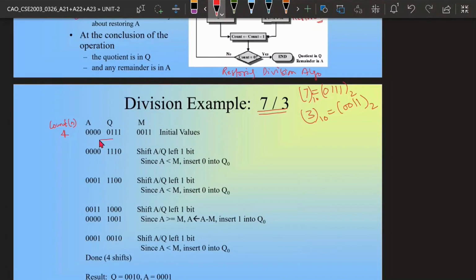Left means like that, so this bit will come here, similarly this bit will come out to here, and this last bit we will decide based on the algorithm. We will come across how this bit is decided.